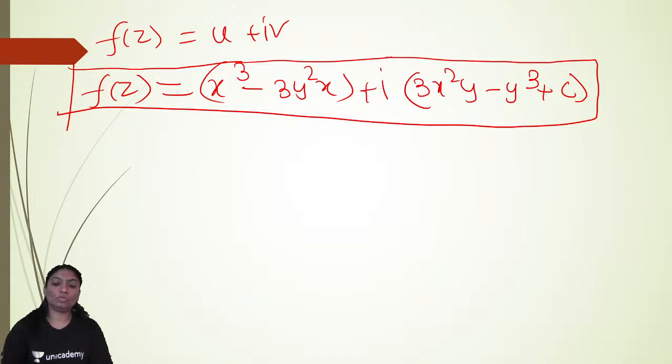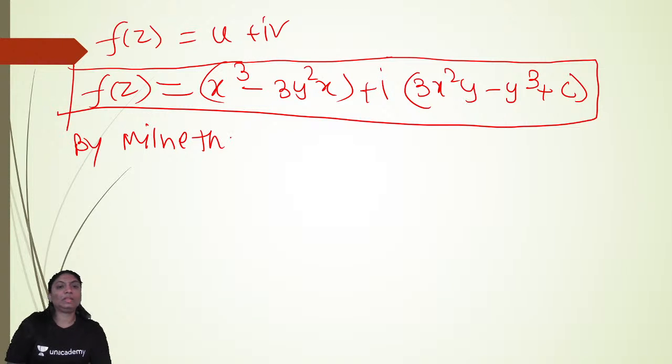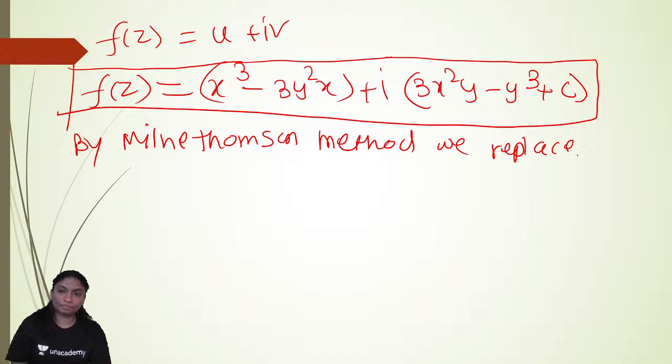Okay. Now it's a harmonic conjugate, and after finding it, we can write f(z) in terms of z by the Milne-Thomson method. We replace x by z and y by 0.